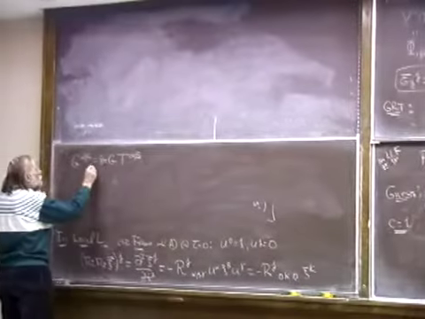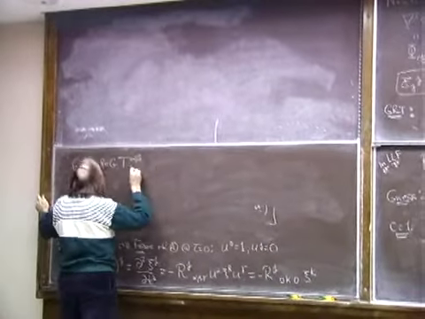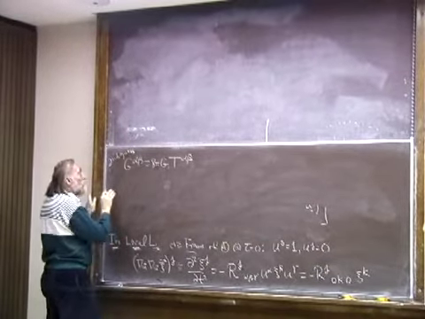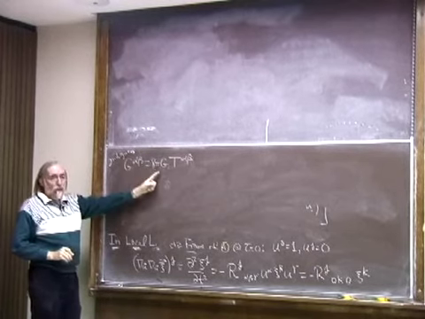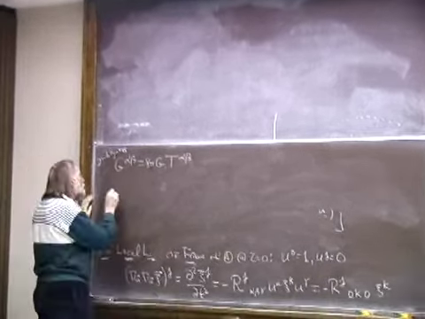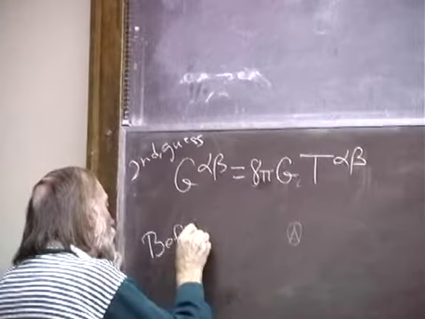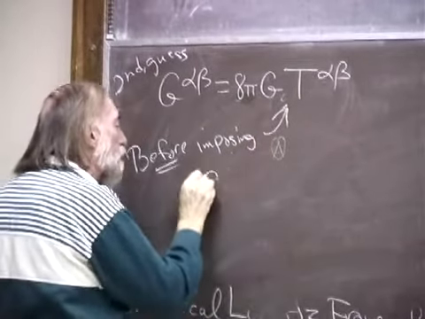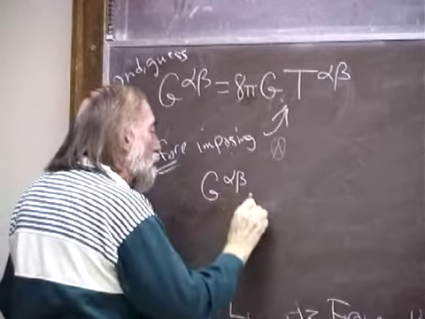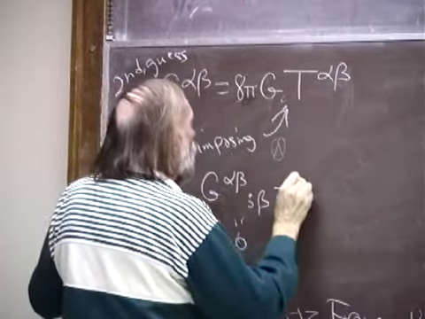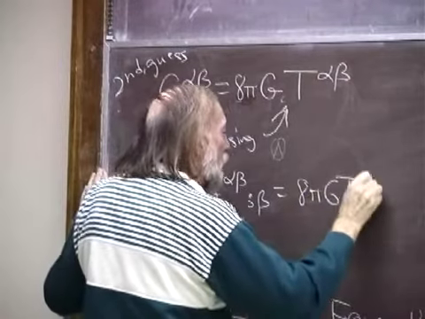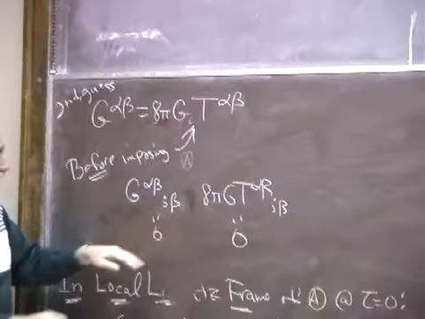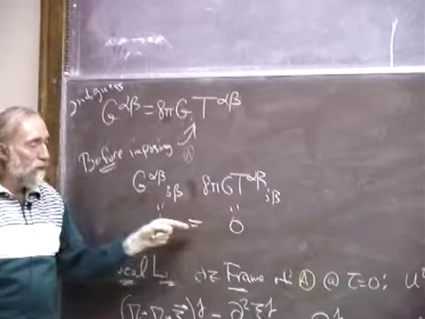If this is what you choose to be the field equations, so this is the second guess, then in fact, before imposing these field equations, you already knew that G^{αβ}_{;β} was 0. You already knew that 8πG T^{αβ}_{;β} was 0. So you already knew that these guys were equal to each other. This is 0, that's 0, so these are equal to each other.